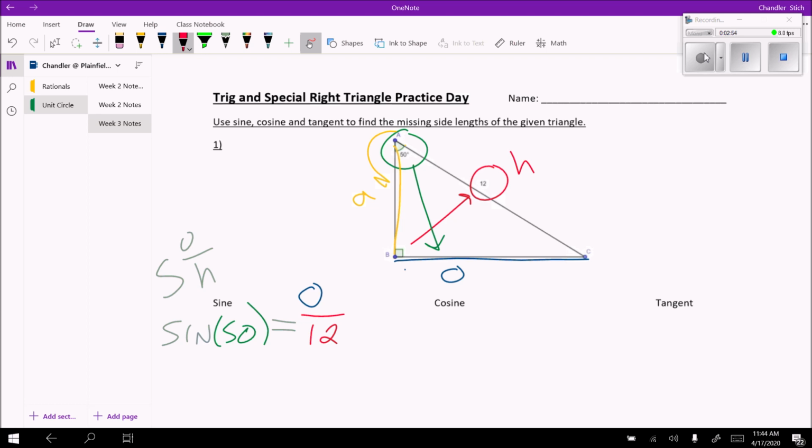Now maybe O is not the best one to use because O looks a lot like 0. So let's just call this X, X over 12, but again, it's the opposite. Alright, how do we solve this?